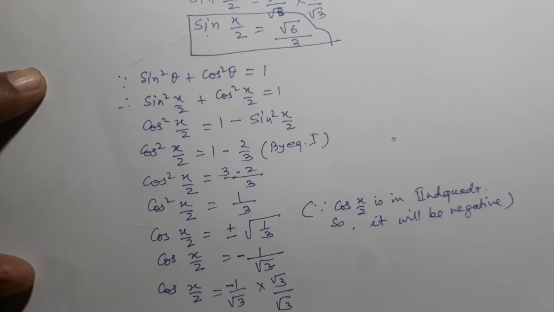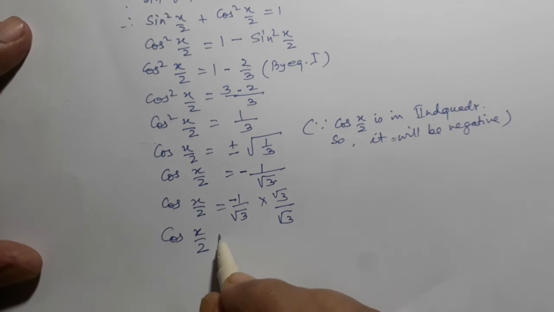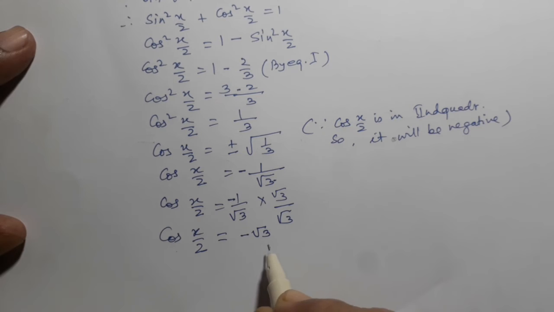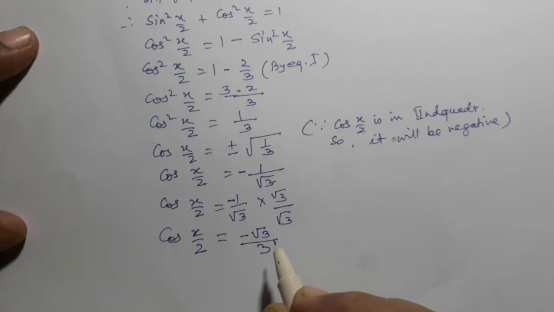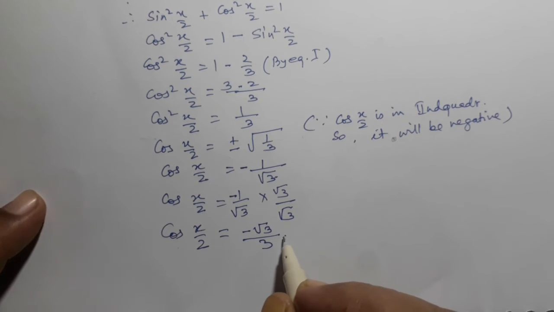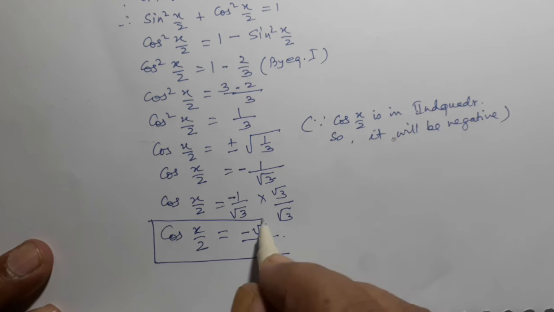So cos x by 2 will be minus root 3 by 3. So this is our second answer.